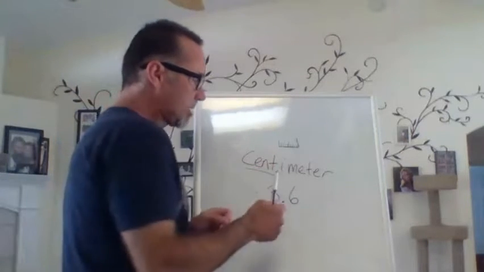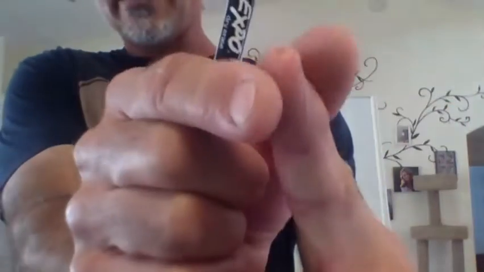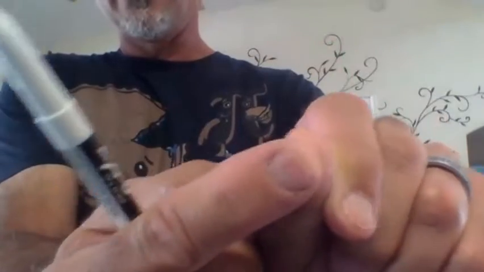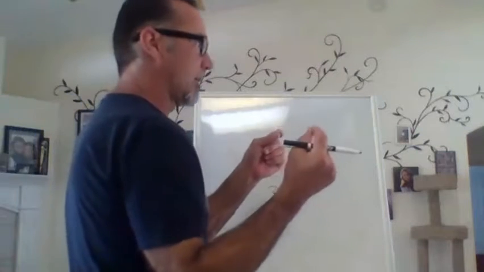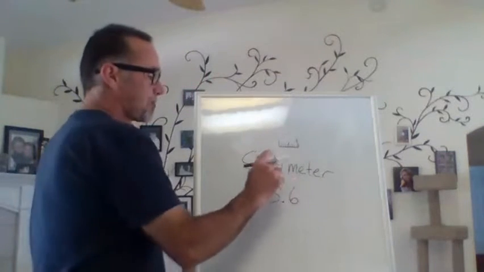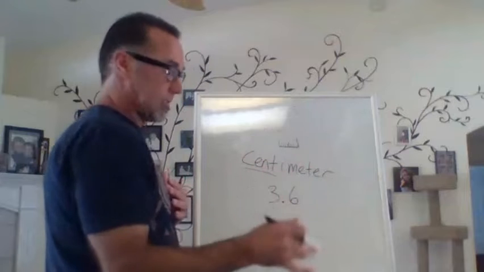And by the way, a centimeter is about the width of your finger. Your thumbnail perhaps is about a millimeter thickness, because 10 of those would make a centimeter. So if you touch your fingers, you can think about that as a centimeter. And again, it works in the base 100 system, which is super nice.